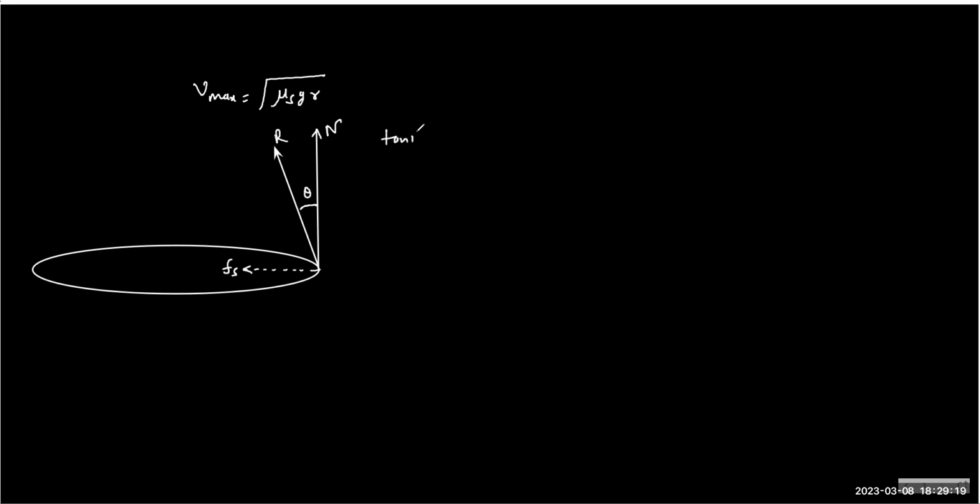And tan theta we got as Fs by N. And Fs we got as mv square by r, because Fs is providing the required centripetal force and N is equal to mg, if you remember. And therefore we got tan theta equals to v square by r g.